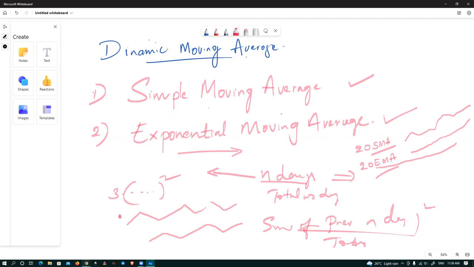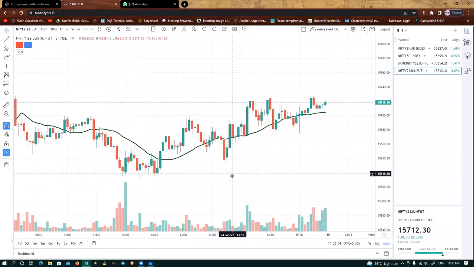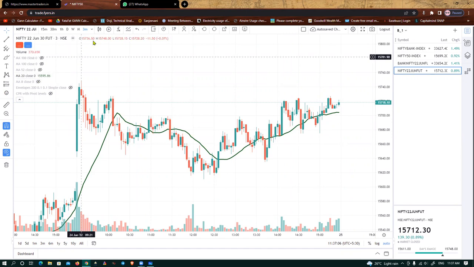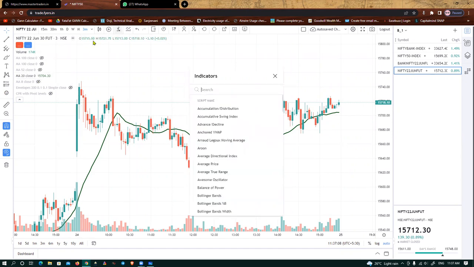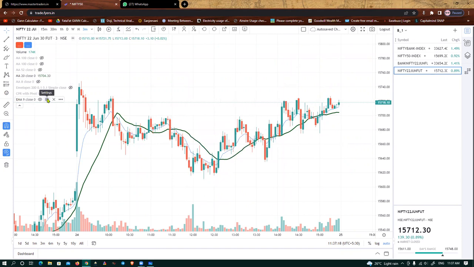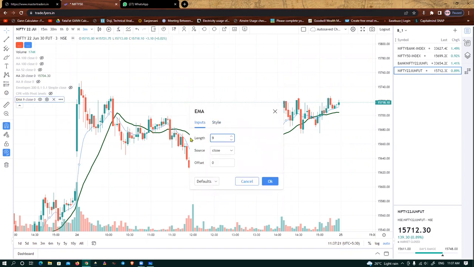So let us see it in the chart. Say suppose this is the 20 moving average we added. This is the simple. MA means always simple moving average. And I will add one more moving average right now, which is 20.